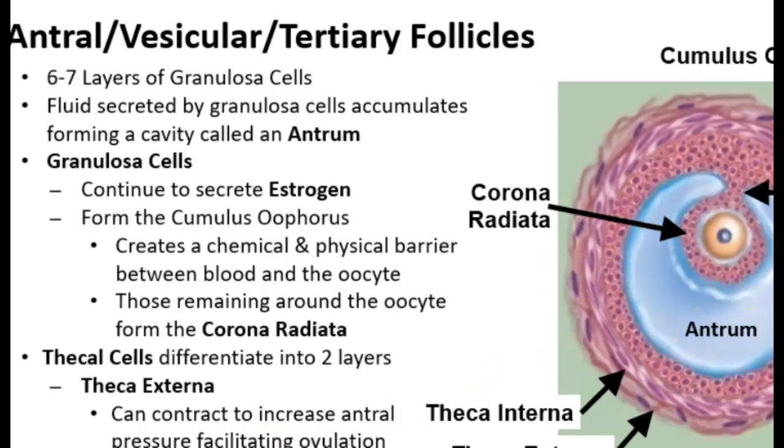The theca interna cells look a little bit pinker. Looks like there's two layers, and they're more squamous than the small cuboidal cells that are granulosa cells. But this region, the theca interna cells, those are the ones that make androgens, like testosterone.